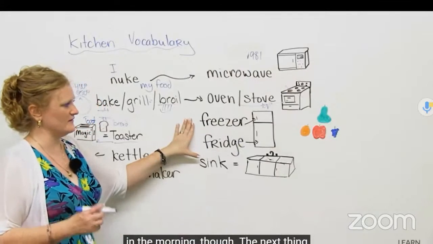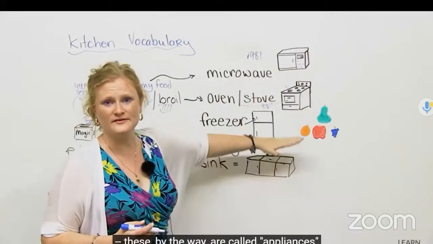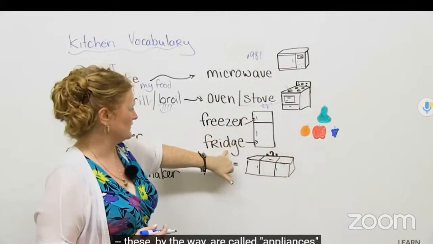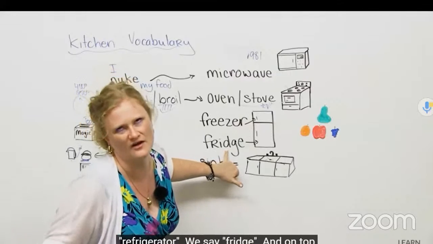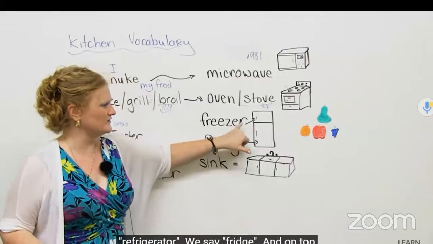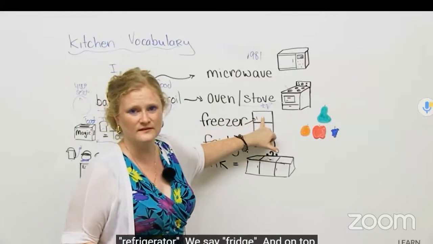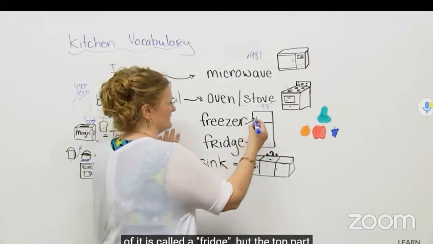The next thing that we have, another big appliance, these, by the way, are called appliances, is a refrigerator. We never bother saying refrigerator. We say fridge. And on top of the fridge, we have a freezer. Now, all of it's called a fridge, but the top part is called a freezer.